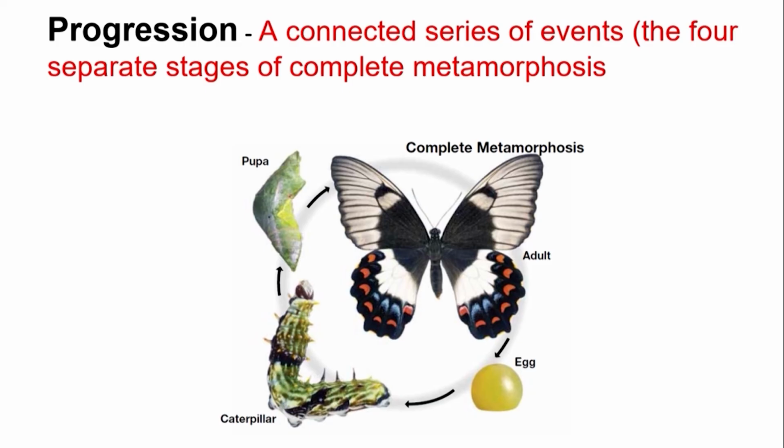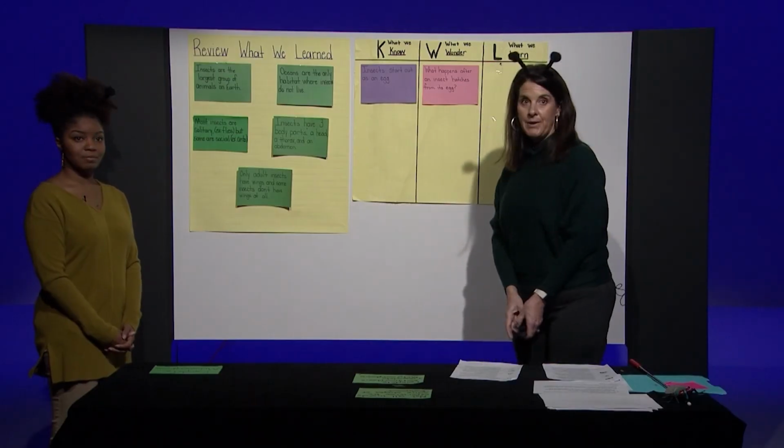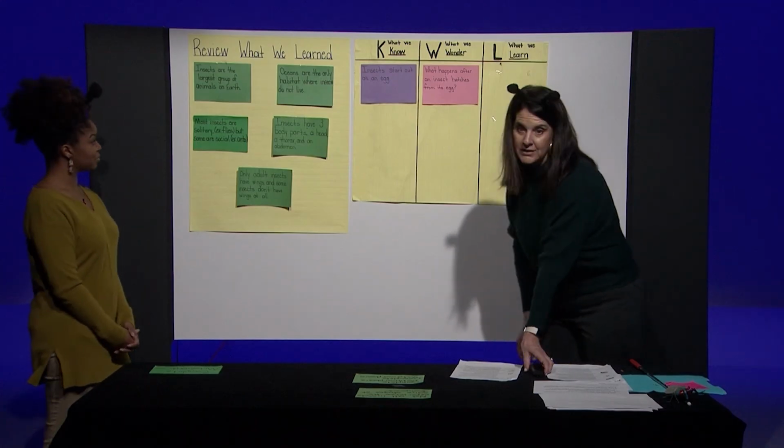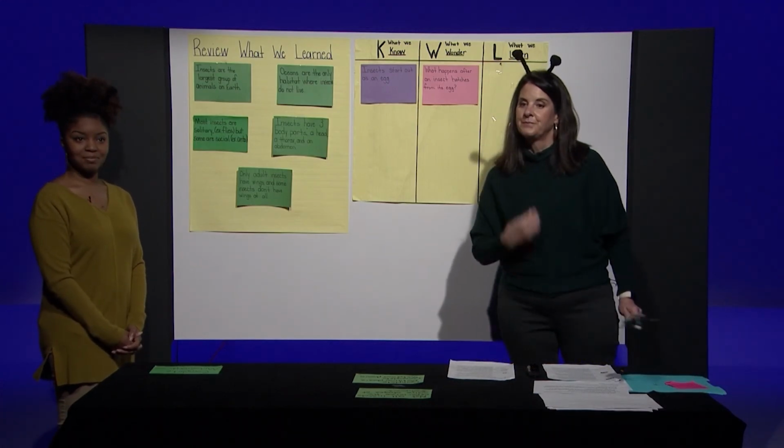And the last word that we discussed was progression. It is a connected series of events. And for the life cycle of insects, this is the 4 separate stages of complete metamorphosis. All right, so now let's go back to our KWL chart and talk about what we have learned today.